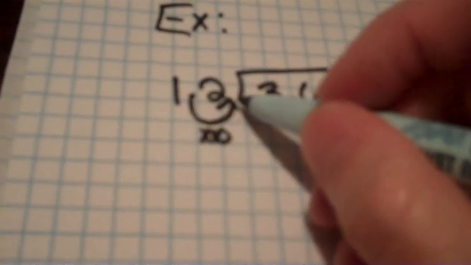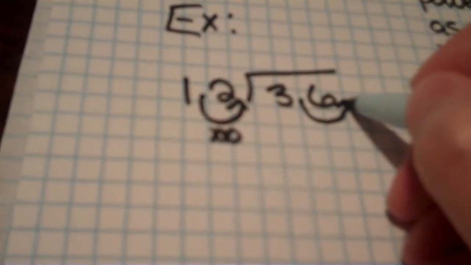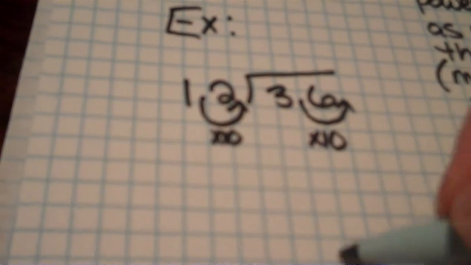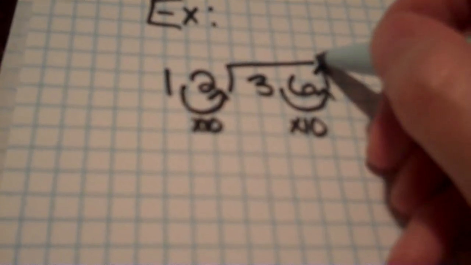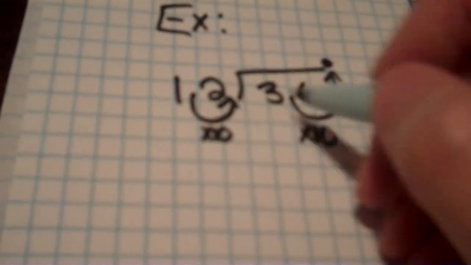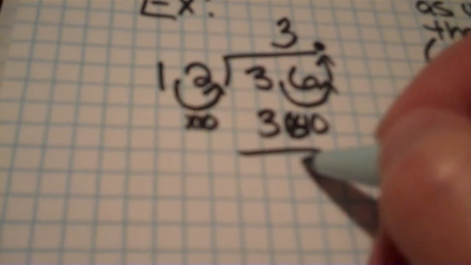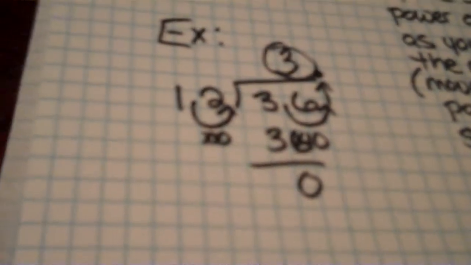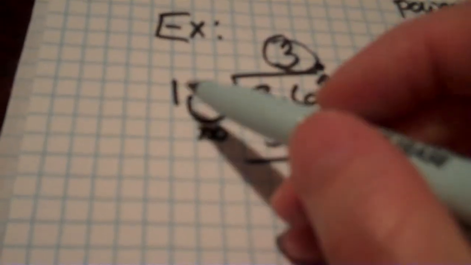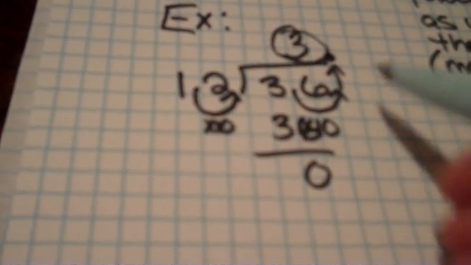If I move it 1 place to the right outside the house, I need to move it 1 place to the right inside the house. Now we bring our decimal point up and divide. 12 goes into 36 3 times with 36, and that leaves me with 0. So my answer would be 3. If I move it once out, I move it once in. If I move it 2 times out, I need to move it 2 times in.